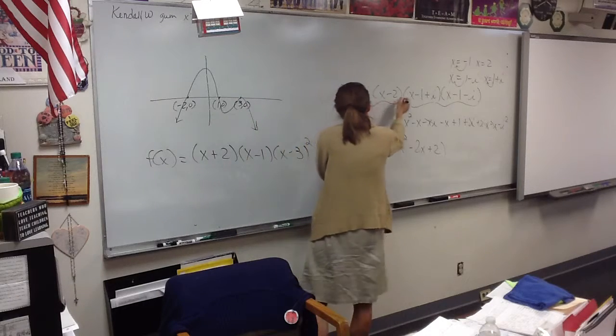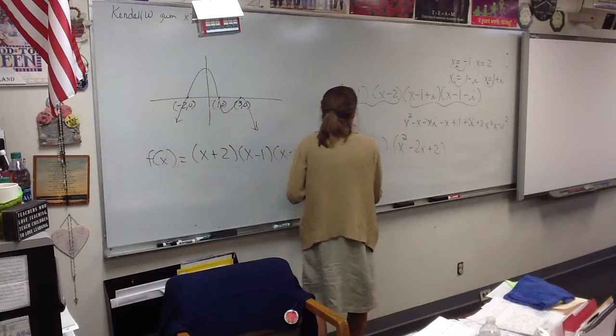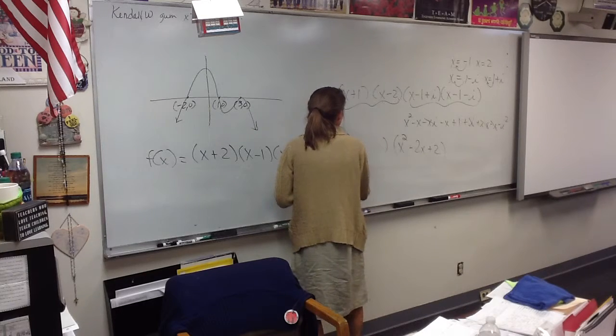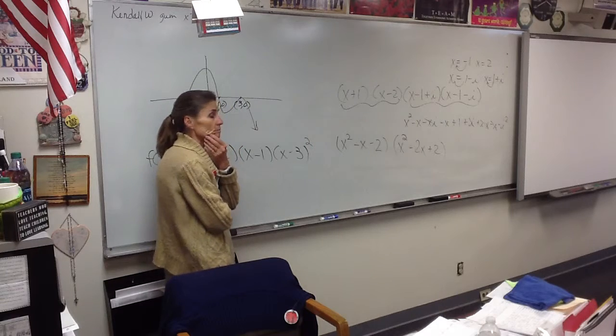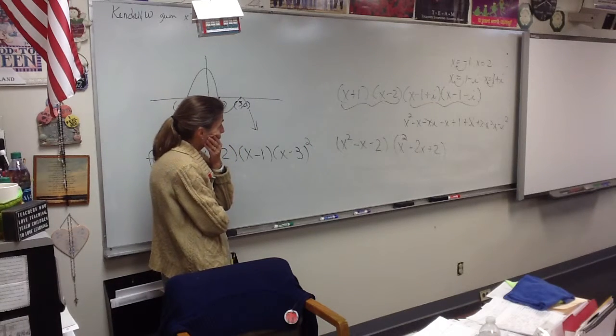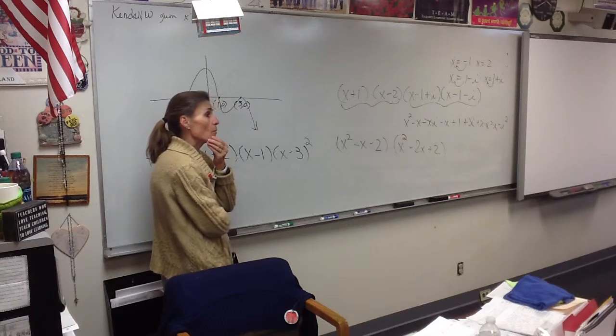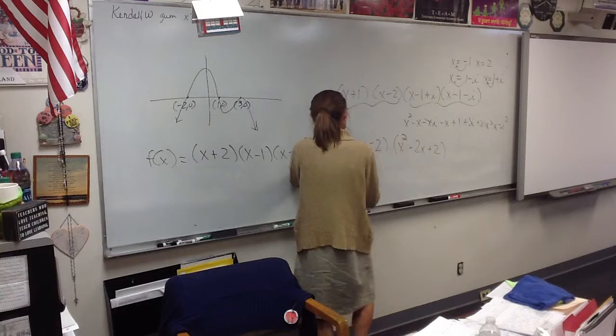Now let's FOIL these two. That's going to be x squared minus x minus 2. Now what? One more time. FOIL, here we go.